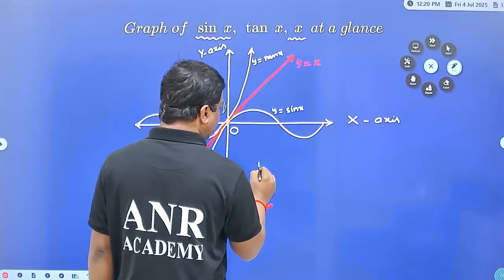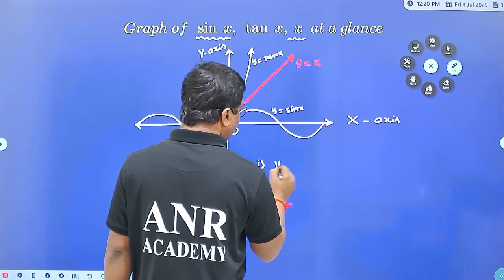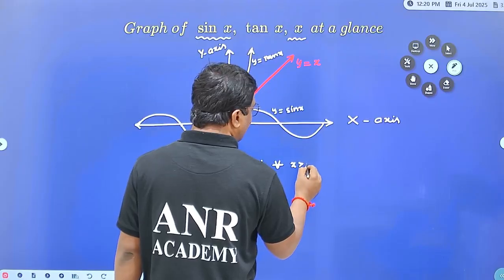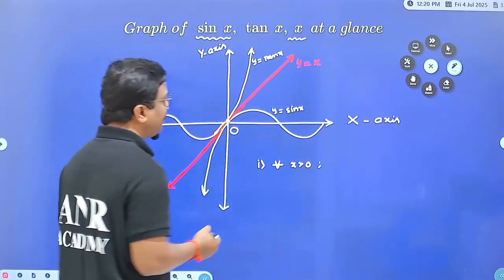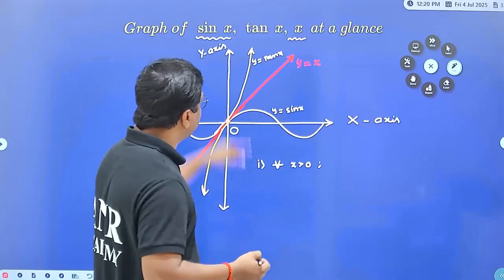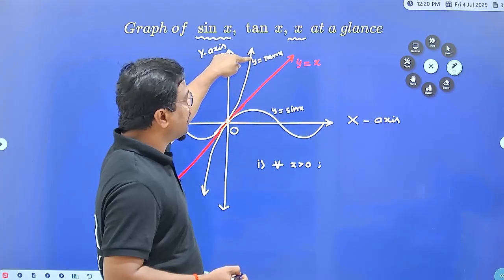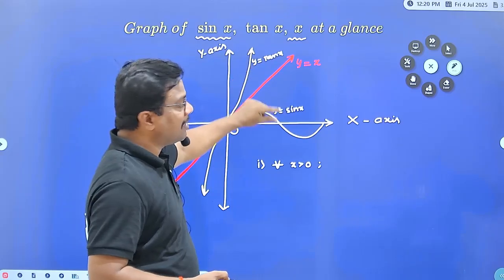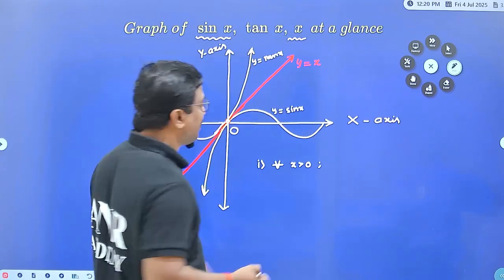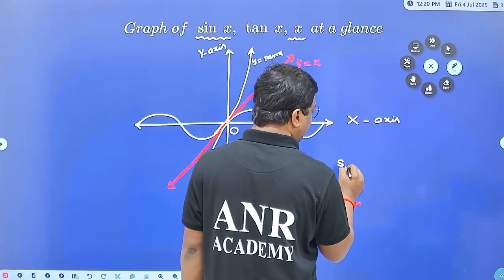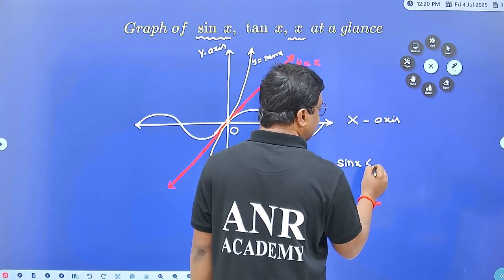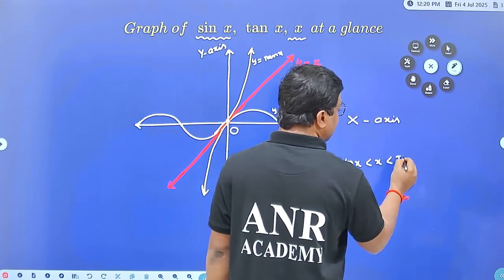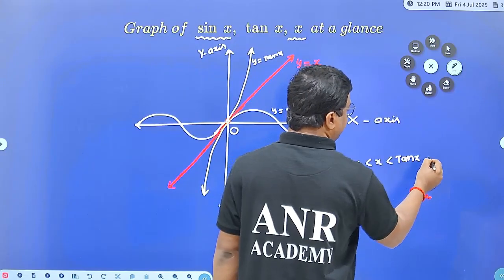First observation: for all x more than 0, on the right side of the y-axis, clearly tan x is the greatest function, x is the middle function, and sin x is the least function. So I can write sin x less than x less than tan x. This is result 1.